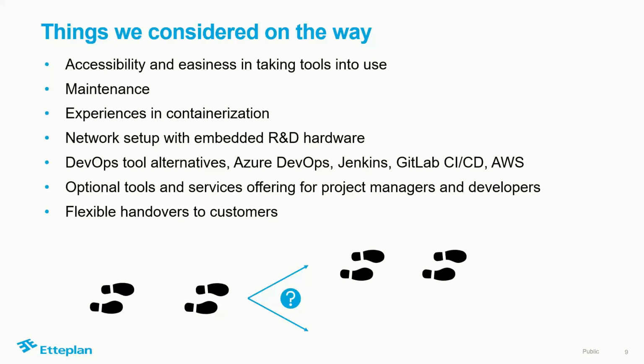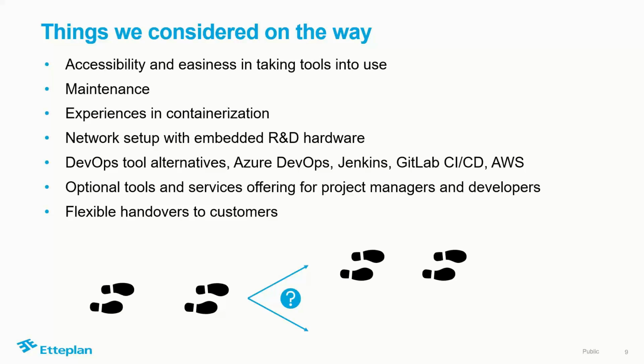Then we looked at different new technologies. For example, in the embedded world, containerization is still a little bit unknown. We know from our cloud, web, and mobile side that it is much more utilized there, but we collected the best practices from there also to this embedded context.